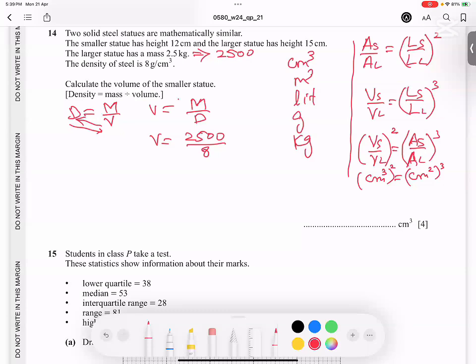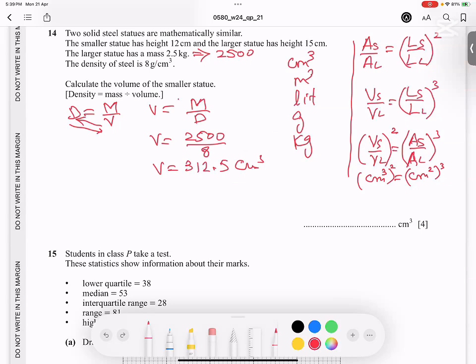Let me check again. Yeah, it is 2.5 into 1000 divided by 8. And I got 312.5 centimeter cube, because I converted into volume.